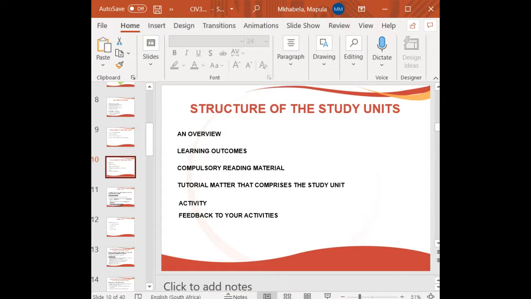It is essential that whenever directed to do so, you consult the relevant legislation and court rules when working through the study guide. There's an activity, which is important to establish whether you understand and are able to integrate the readings, and also there are related feedbacks to your activities at the end of each study unit.